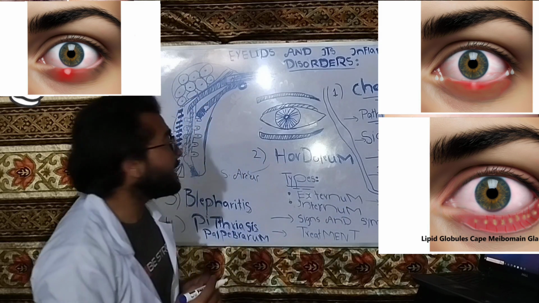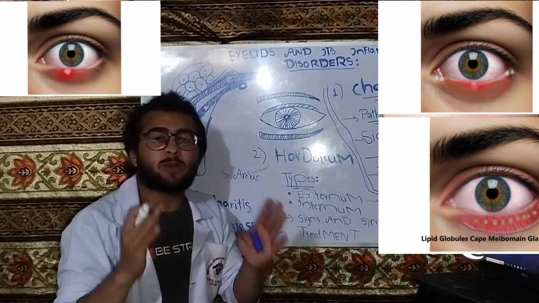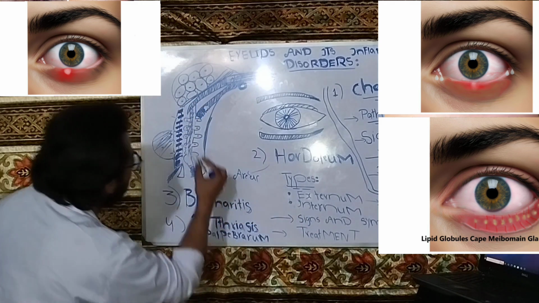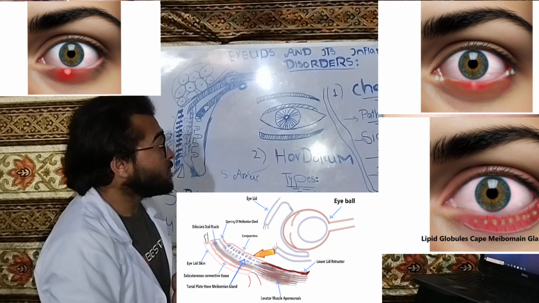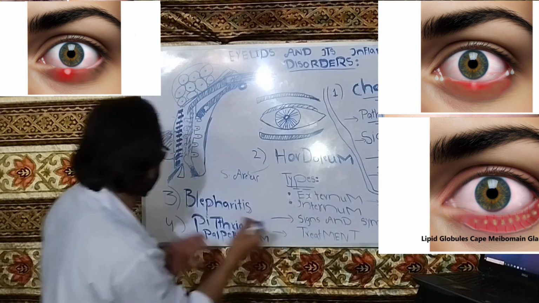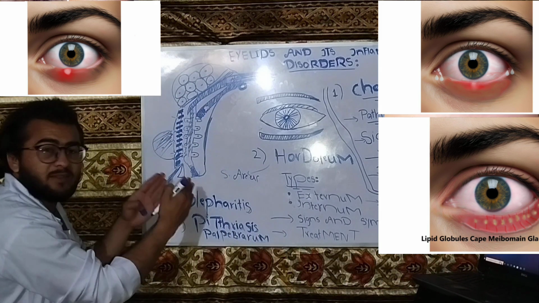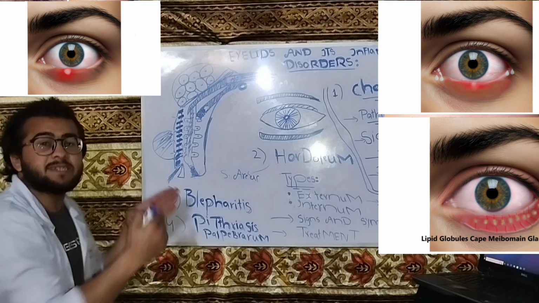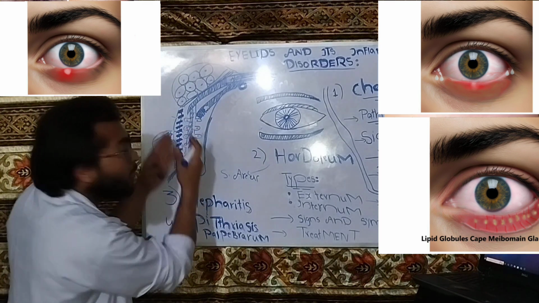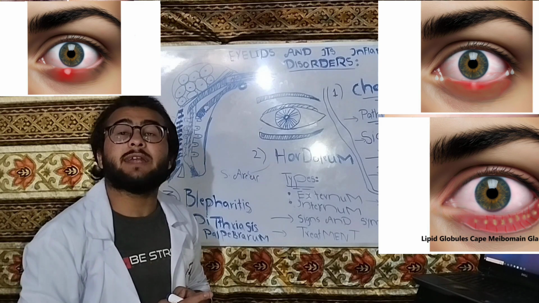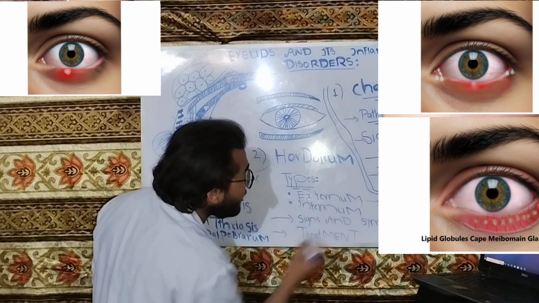Hordeolum internum is the acute suppurative infection of the meibomian gland. This is the meibomian gland and this is its infection. So the infection of the glands of Zeis and Moll with the lash is called externum, and the infection of the meibomian gland is called Hordeolum internum.